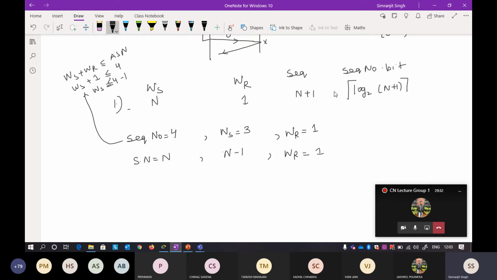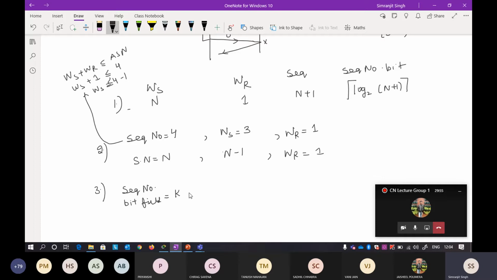Now, this is your first scenario, this is your second scenario, and the third scenario can be that you are given a sequence number bit field. Suppose the number of bits for the sequence number is k.